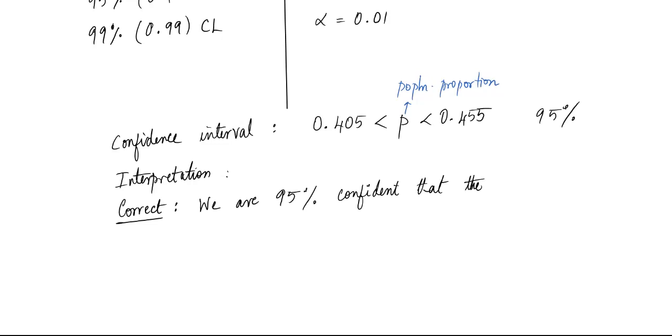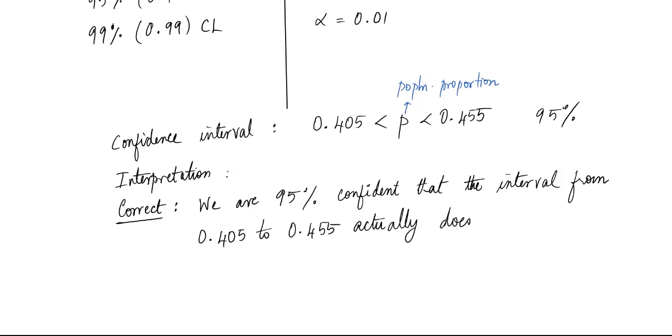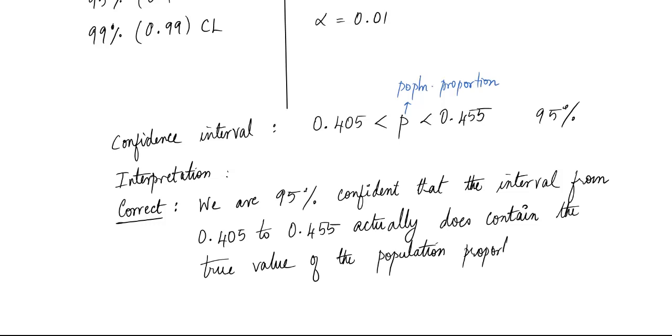that the interval from 0.405 to 0.455 actually does contain the true value of the population proportion P. See the language.